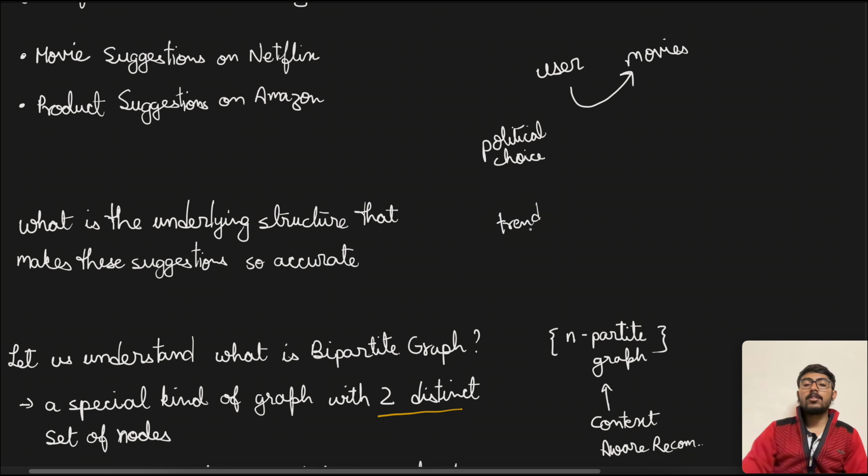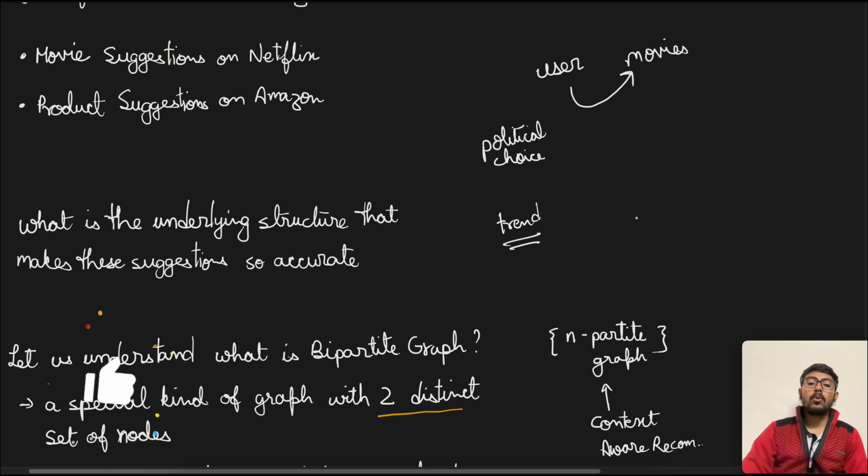If all this is also taken into account, then it might be an n-partite graph, where for some political choice this particular movie is more popular, for this type of trend that movie is more popular, like this.